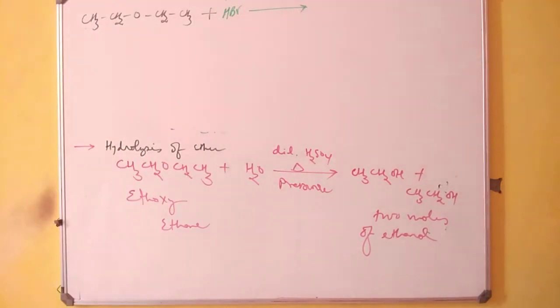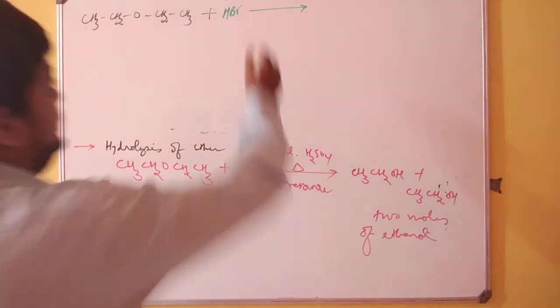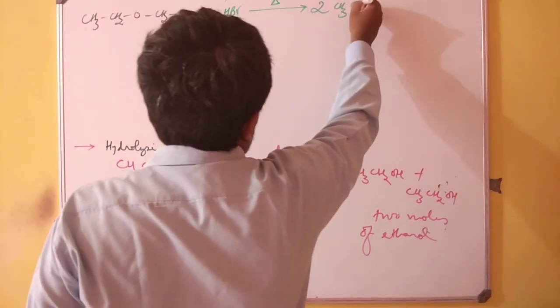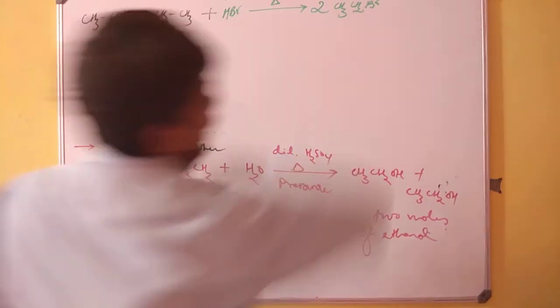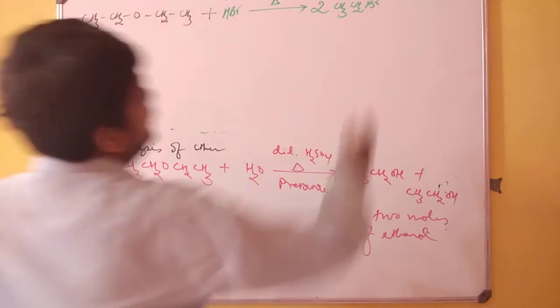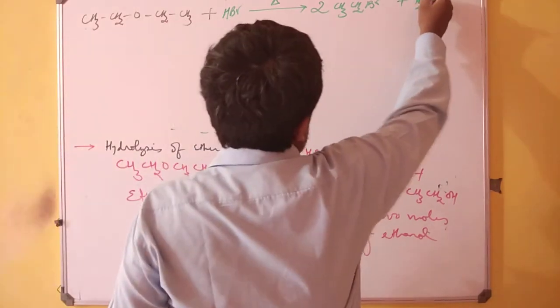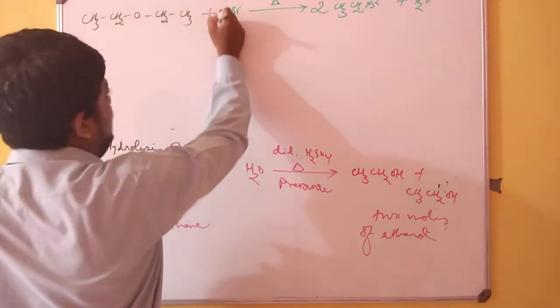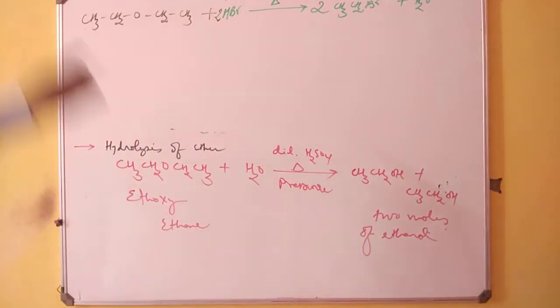Be very clear that when ether reacts with hydrobromic acid, we always get 2 molecules of haloalkane plus a molecule of water. So in this case, thinking in a very simple way, 2H and 1O get removed and the rest of the thing is compiled over here.